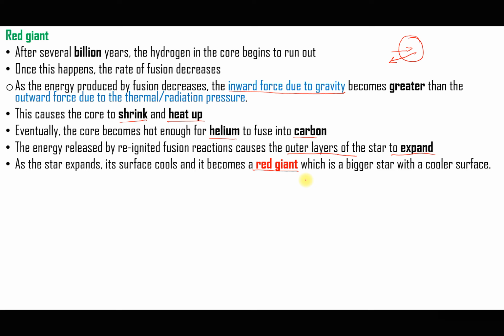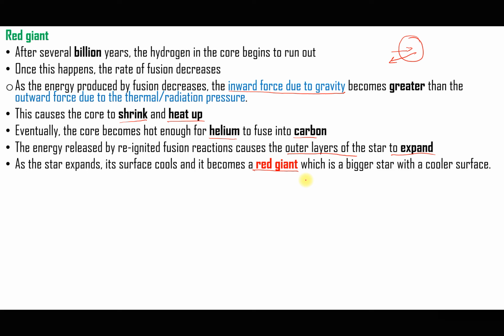So, initially after several billion years, the hydrogen in the core begins to get used up, and therefore the fusion reaction decreases. The energy from the fusion reaction decreases, which means the inward force due to gravity exceeds the radiation pressure, so the core shrinks and heats up.